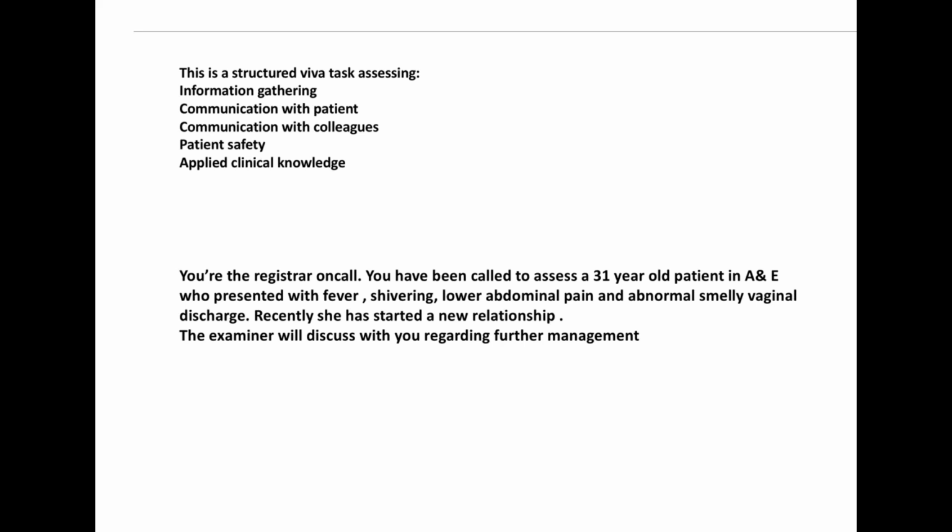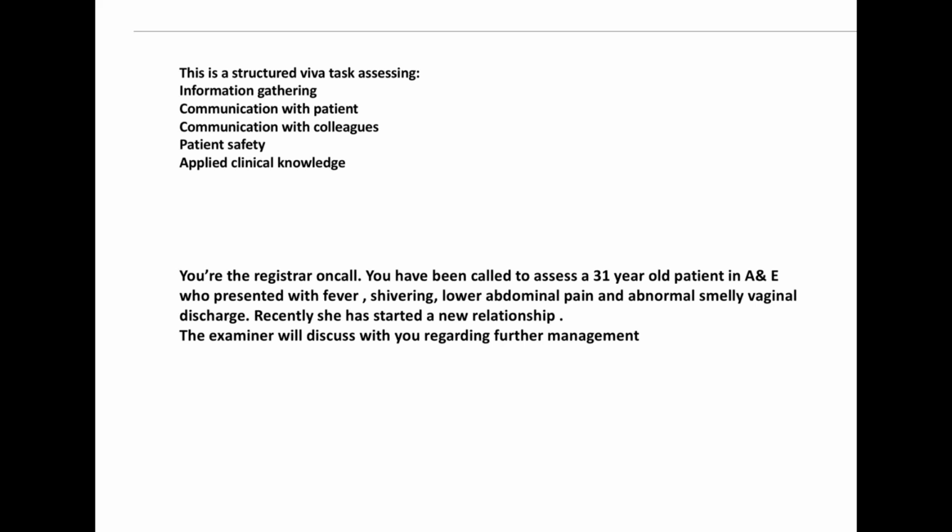That depends on how severe her condition is. Okay, so if her condition is mild to moderate, then we can give her oral antibiotic regimen, and she can go home, and we will update her once we have the result of the swabs.